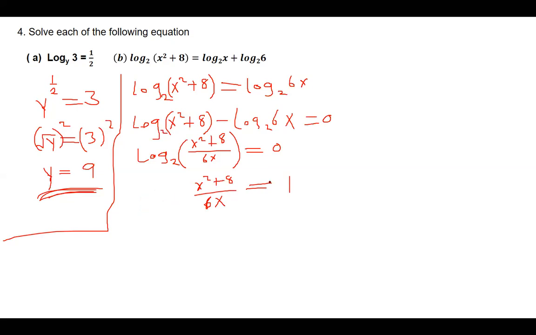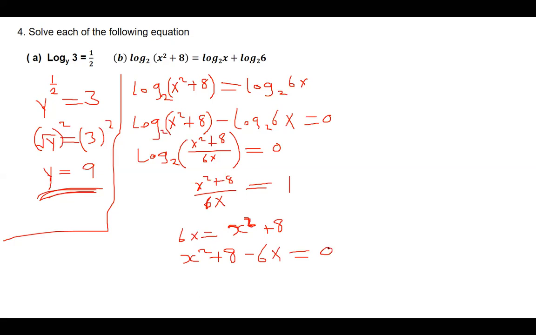So when you cross multiply there, 6x times 1, you get 6x. And then this is equal to x squared plus 8. So you take this 6x to the other side of the equal sign, meaning you are going to have a quadratic equation which will be like this: x squared minus 6x plus 8 is equal to 0.